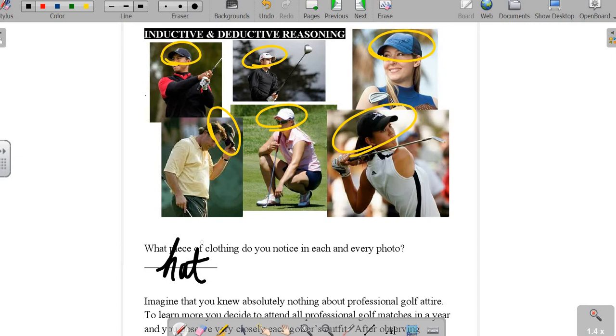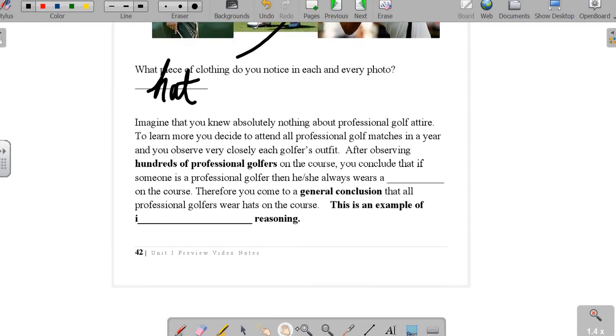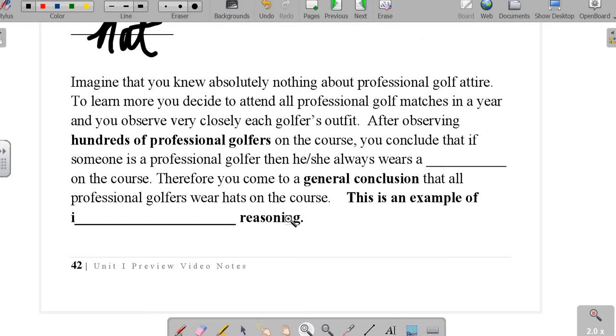So if you were to watch hundreds of golf matches and log the number of golfers that wear a hat, it's probably a pretty high percentage. Now imagine you knew nothing about professional golf attire. So to learn more, you decide to attend all the professional golf matches in a year, and you observe every golfer's outfit.